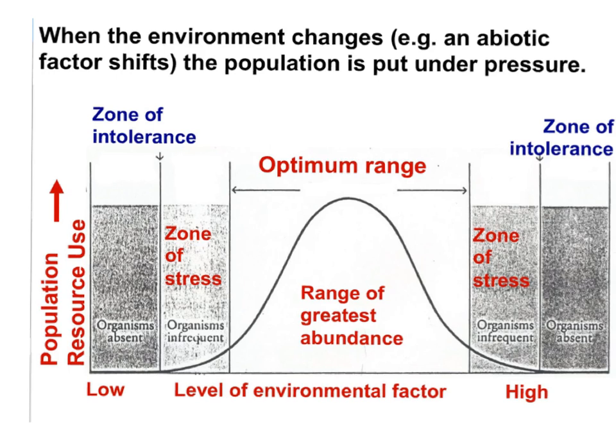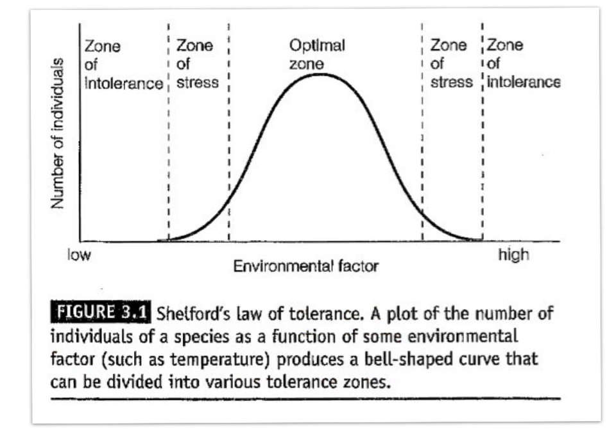The range of tolerance needs to be viewed as a bell-shaped curve where the niche of the species is optimal within these environmental conditions and less than optimal at the extremes of the environmental conditions. Now, this is known as Shelford's law of tolerance, where the species experiences zones of intolerance, zones of stress, and zones that are optimal for its role in the ecosystem.